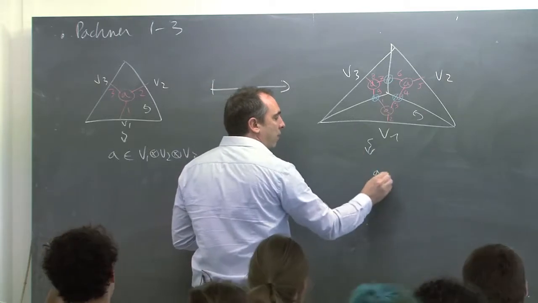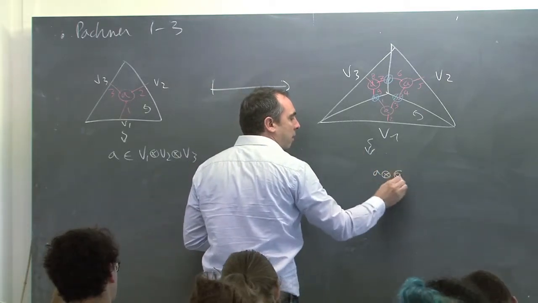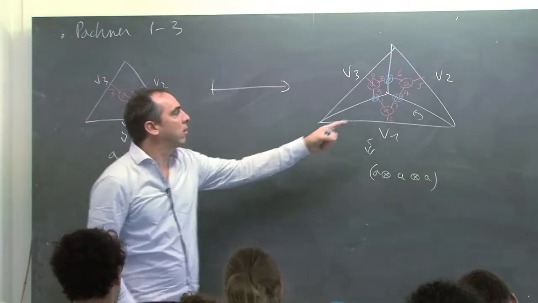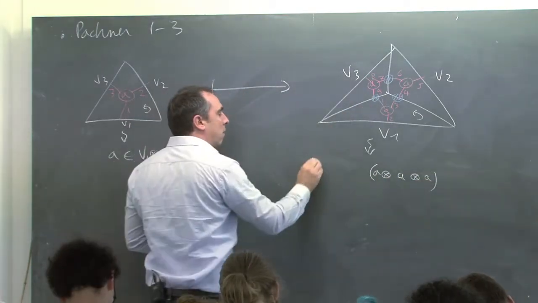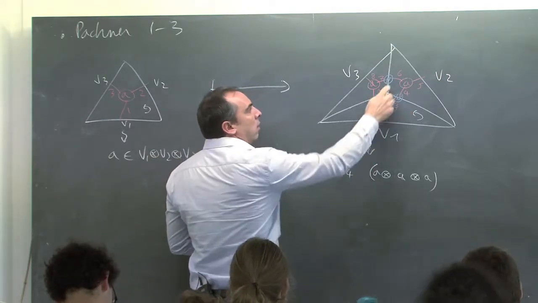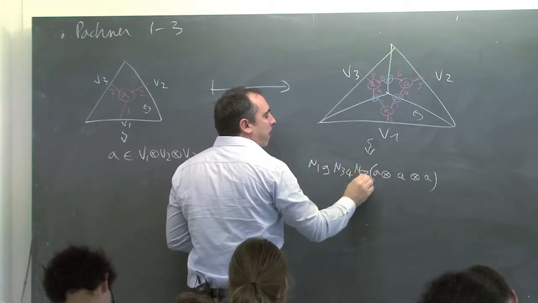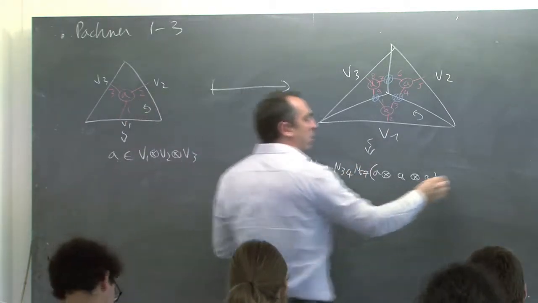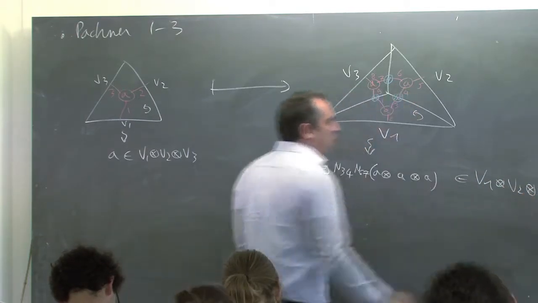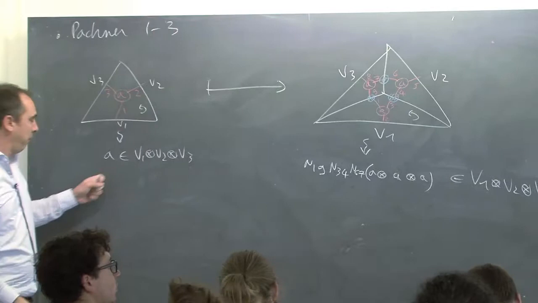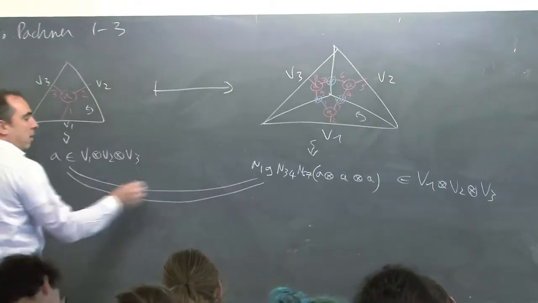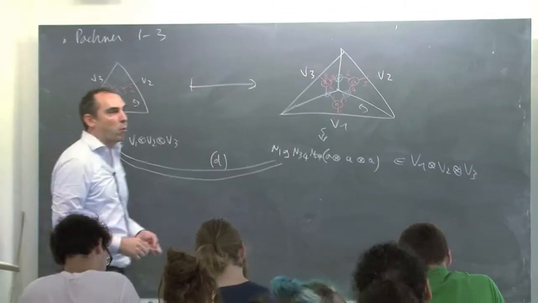So you have 3 times A. And now you contract. So 1 and 9, 3, 4, 6 and 7. So here we need that this vector agrees, and they indeed agree using condition D.